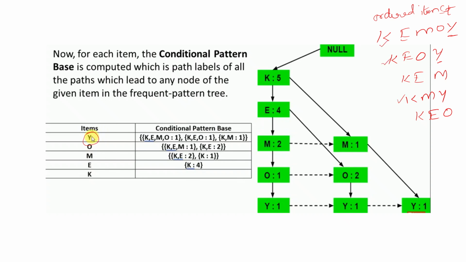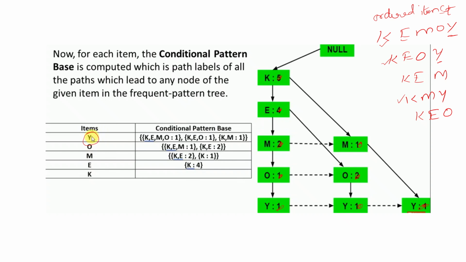So we need to check these 3 ordered sets. To reach Y, we have K, E, M, O. So we construct from null. We have to construct K first. Initially, we need not write this value. First I remove this value, then we can write all these values one by one while constructing this tree.